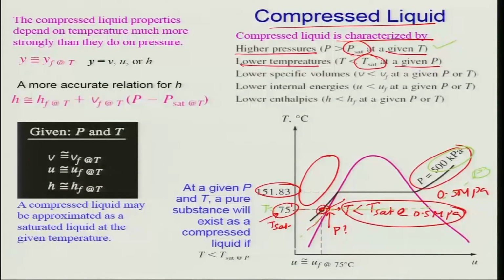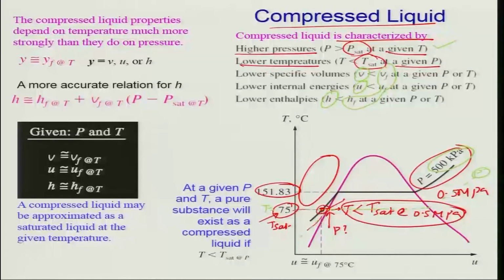The other important thing, which is much easier to understand, is that all other properties, whether it's specific volume, specific energy or enthalpy, are going to be less than the liquid properties, because the compressed liquid is on the left side of the saturated liquid line.